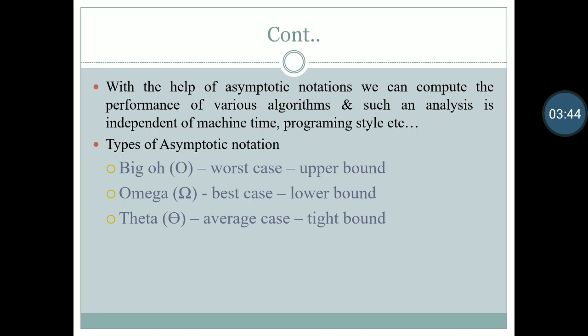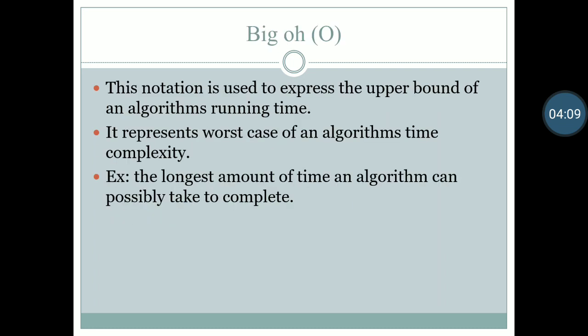Second one is omega, that will be for the best case of the algorithm, and it will be a lower bound. And theta, the last notation, will be of the average case, and it will be a tight bound. In the next slides we will learn what is upper bound, lower bound and tight bound. So let's start with big O notation.